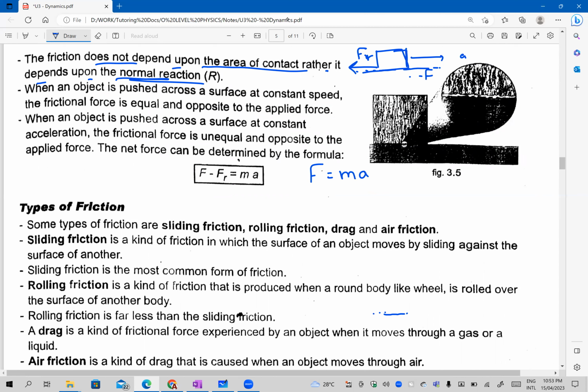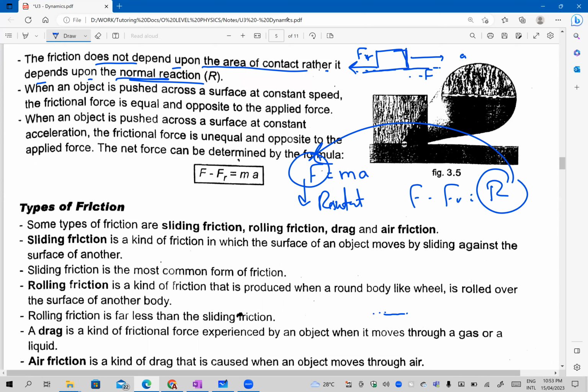So when you look at the force, this F is technically the resultant force. And how do you get a resultant? By adding or subtracting forces. What are the forces? Forward and backward. So forward force minus backward force is equal to resultant force. This resultant is the F we talk about in F equals ma.